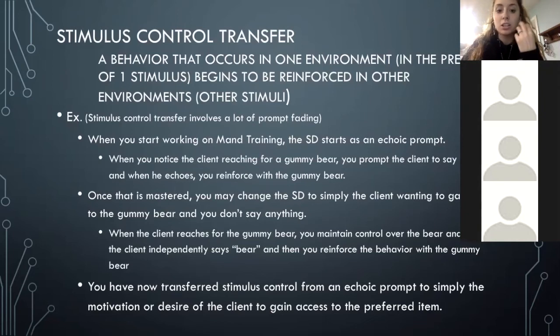So there's a lot of prompt fading, which we're going to talk about briefly in stimulus control transfer. So with that manding, we'll go from an echoic prompt to maybe asking, what do you want? To those motivations, or just maybe he just wants a gummy bear and he's able to independently mand for a gummy bear, which is obviously what we want in the end.